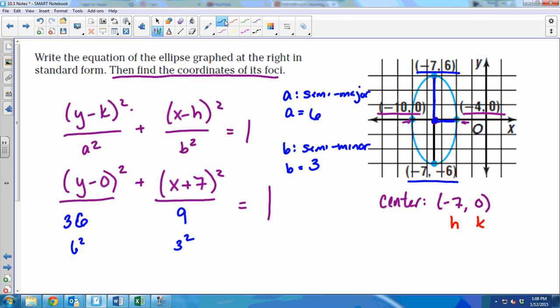No, it's squared. So it can't be negative. That's your equation. That's it. Because the distance from the center to one of these vertices is 3. Like from -7 to -4 is 3, or from -10 to -7 is 3.